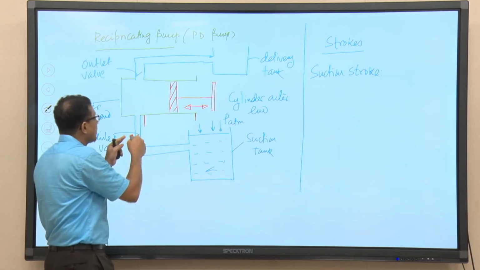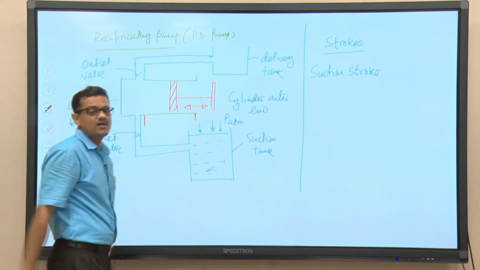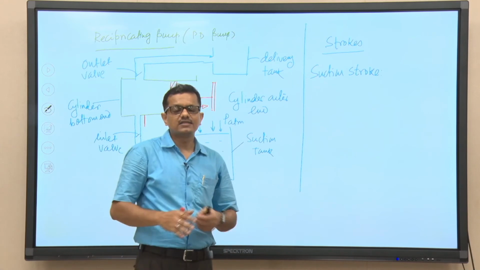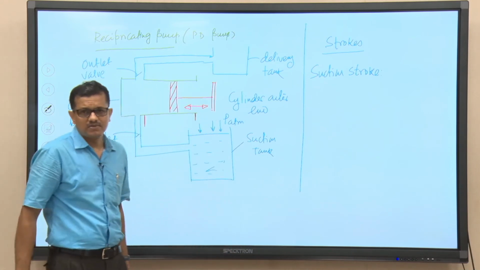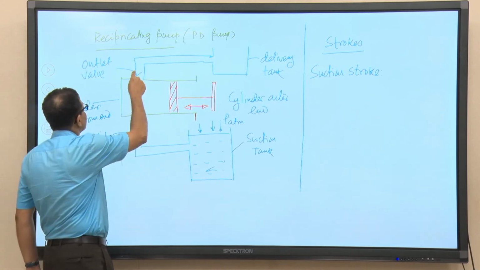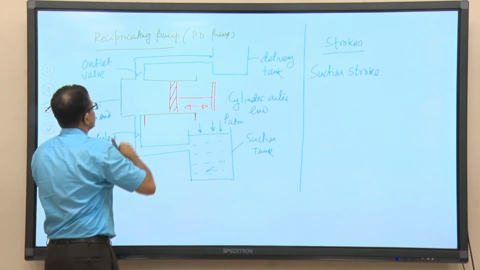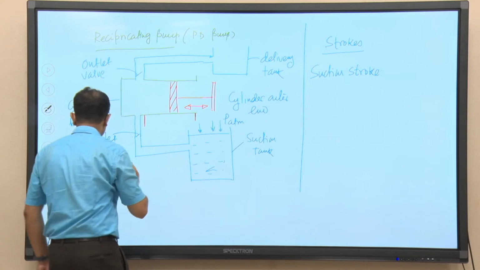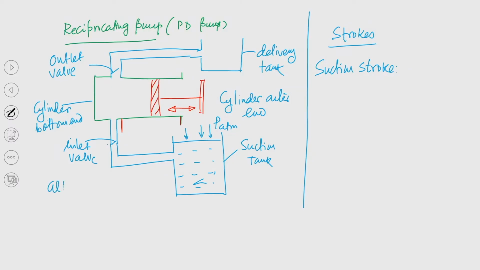So, this inlet valve and outlet valve, these two valves are one way valves. Inlet valve will open in this direction and outlet valve also will open in this direction. So, all these valves are one way valves.